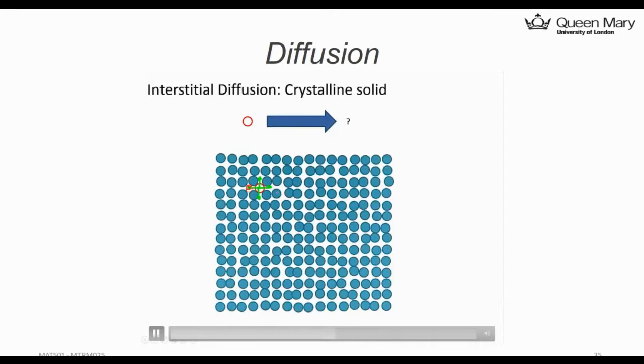So this is interstitial diffusion, and there's some other type of diffusion which may kick in depending on the lattice structures.